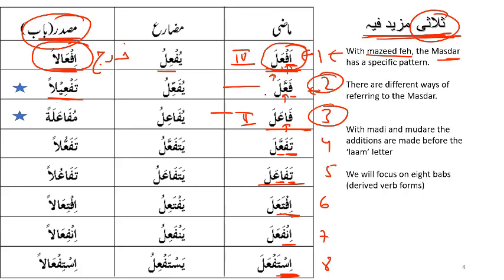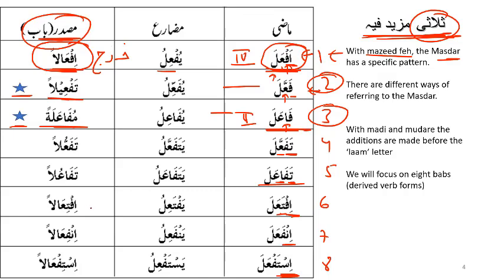So with fa'ala yufa'ilu, there is taf'ilan, and then there is another possibility that I will share with you shortly. And similarly with this bab, fa'ala yufa'ilu mufa'alatan, there is another possibility that I'm going to share with you. But for all others, there is only one mastar or only one verbal noun.